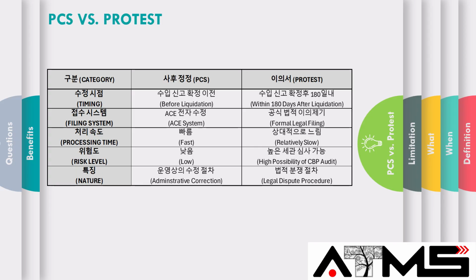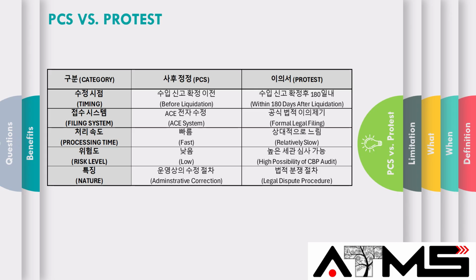For your convenience, here is a simple comparison between post-summary correction and protest. Timing perspective, PSC can be submitted before liquidation, but after liquidation, you have to file a protest. The PSC is done through a system, while for a protest, you actually have to make a formal legal filing.